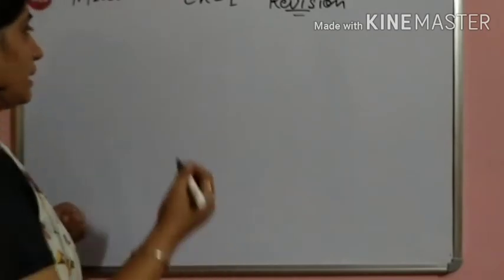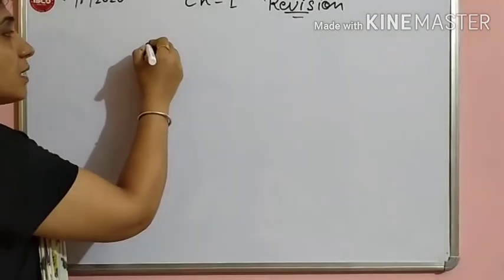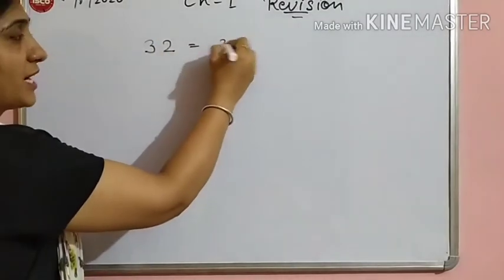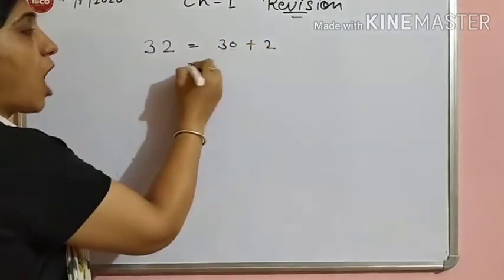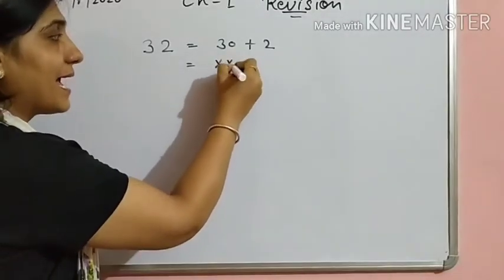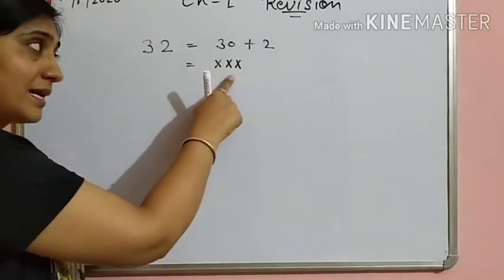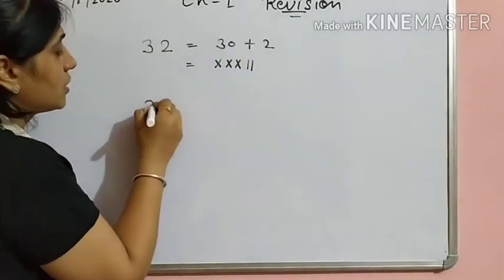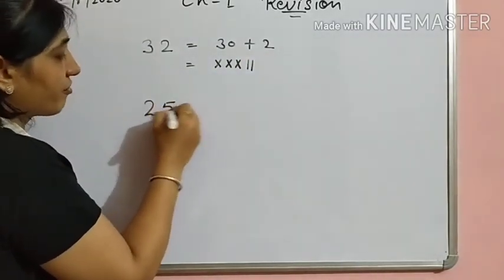Okay, I am taking one more example. Suppose the number is 32. 32 means 30 plus 2. How can I write the 30? Yes, X, X, X. This is the 30. Then 2, II. Suppose 25.